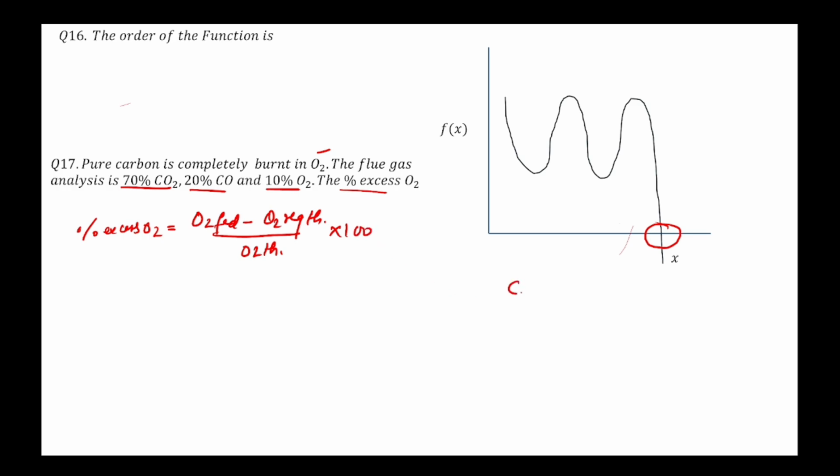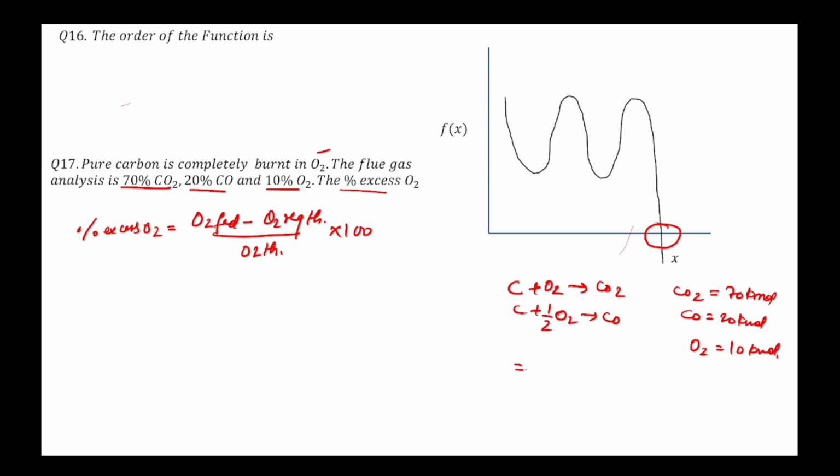So you know that C plus O2 gives CO2. C plus half O2 gives CO. So CO2 is 70 kilomole, CO is 20 kilomole, and O2 is 10 kilomole, that is unreacted. So very first thing, total carbon reacted. Total carbon corresponding to which we are giving the oxygen.